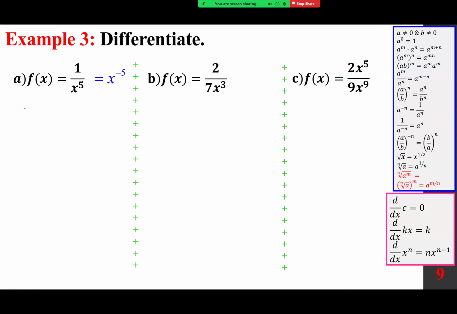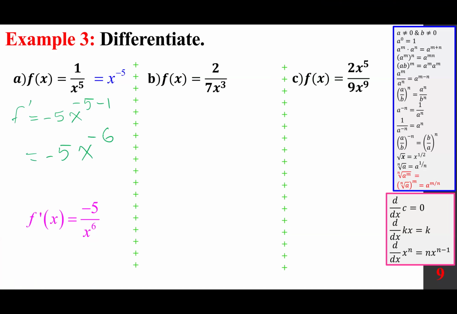Now I'm going to write f prime is equal to minus 5, x to the power of minus 5, subtract 1, which is minus 5, x to the power minus 6, which is minus 5, x to the power of 6. So rewriting it in a format that makes it possible to use the power.